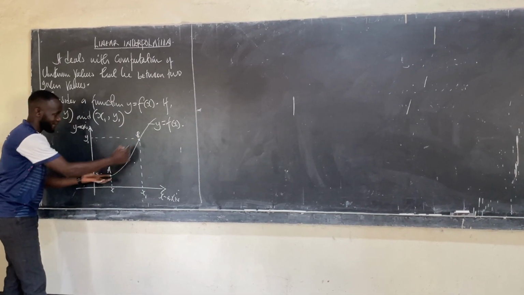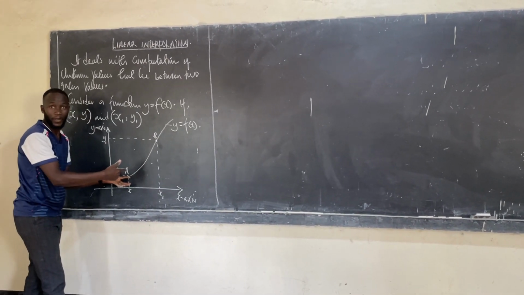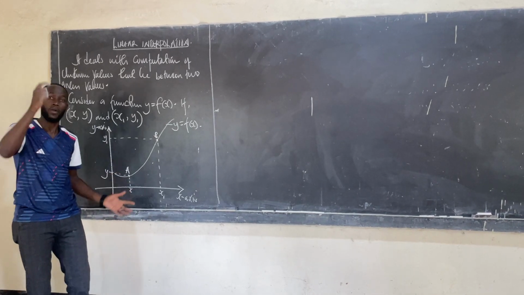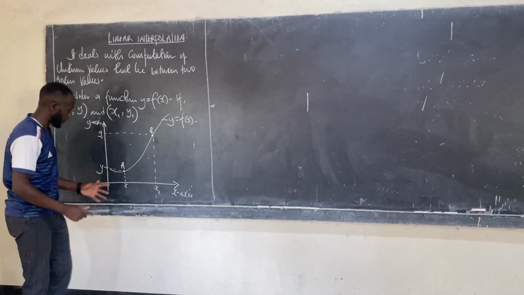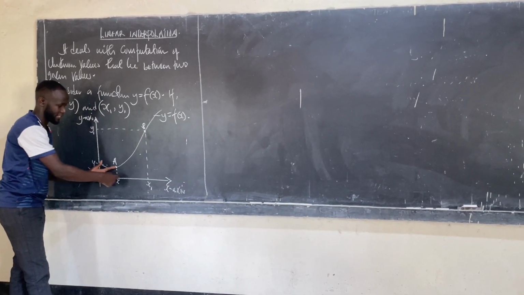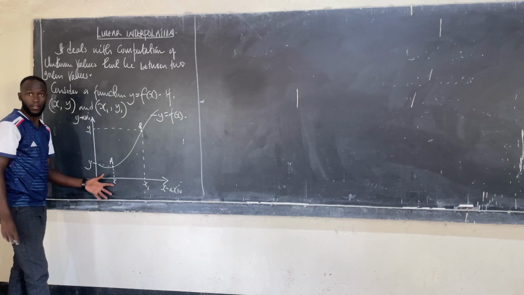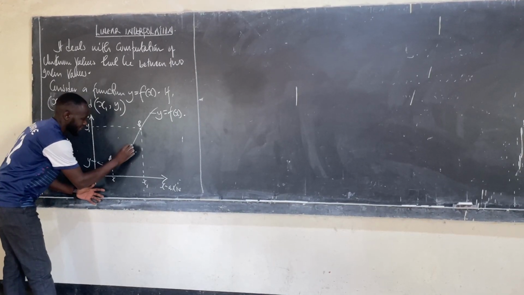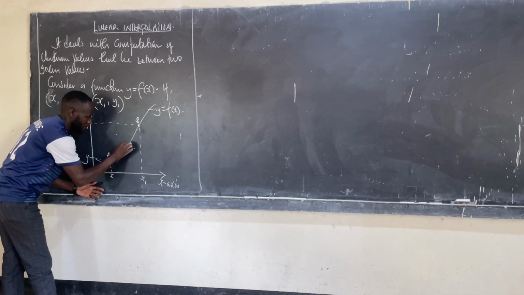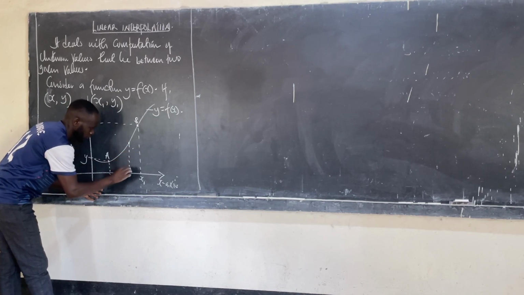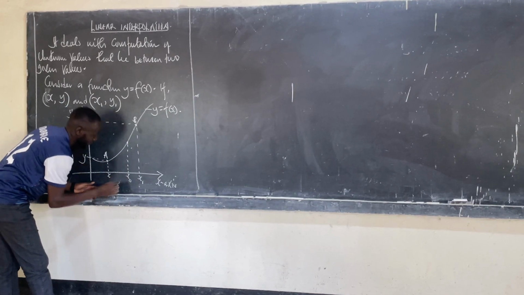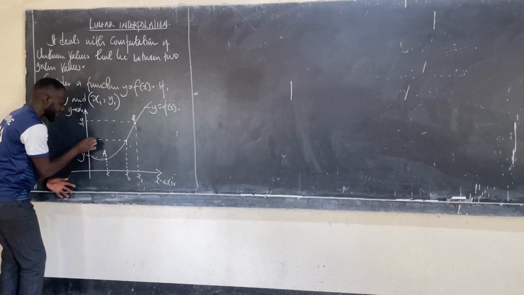If you want to locate a figure in between here, an x estimate, remember we are not looking for a real value. We are looking for an estimate of a figure that lies between these two successive x coordinates. So let's say this figure is around here, at point x, and the corresponding value y.